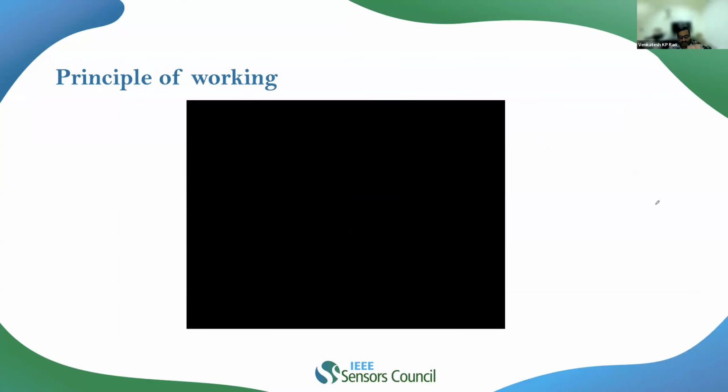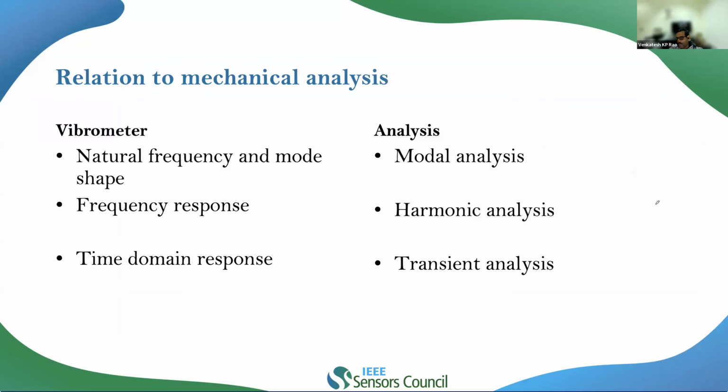Now, I hope that is clear, the working principle of the laser Doppler vibrometer. Whenever we do the analysis with the laser Doppler vibrometer, the first and fundamental thing is that we have a structure. For example, let us take a cantilever, with a bottom electrode, considered like a MEMS structure.